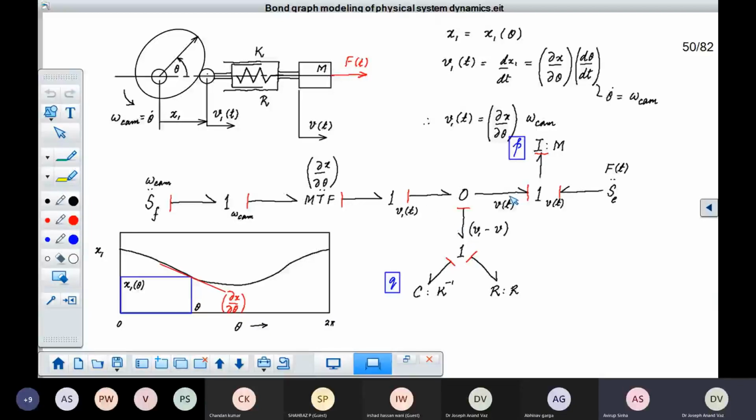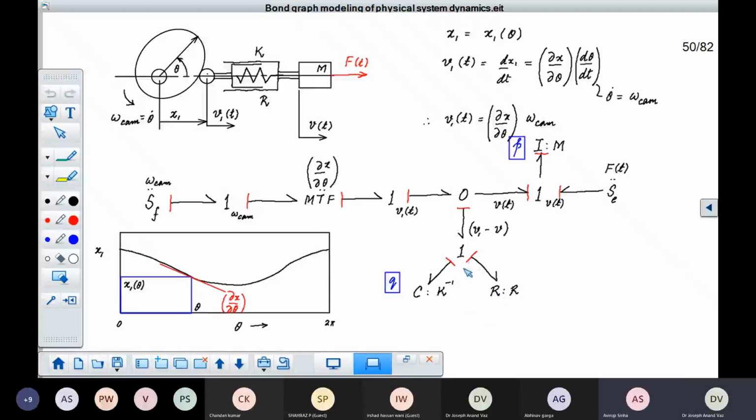V1 minus V. So here you are making use of a zero junction because you want to take the relative velocity. You want to perform a difference. So you require a flow summing junction. So algebraic summation of flows takes place here at this junction. So this flow is equal to this flow minus this flow.